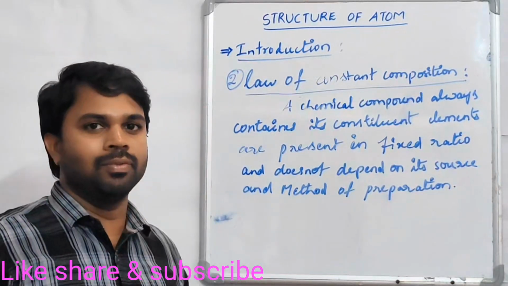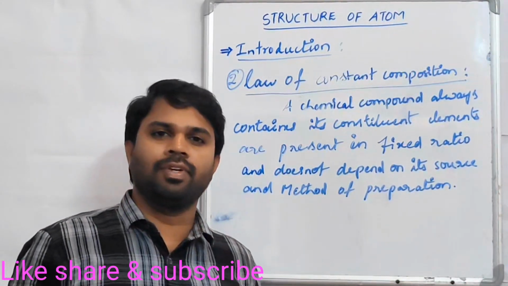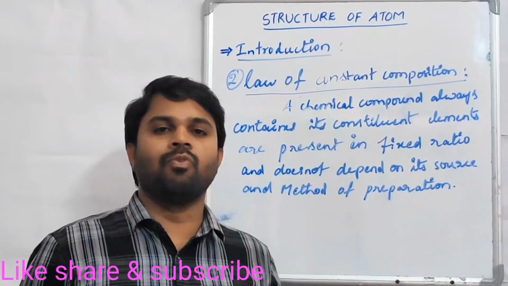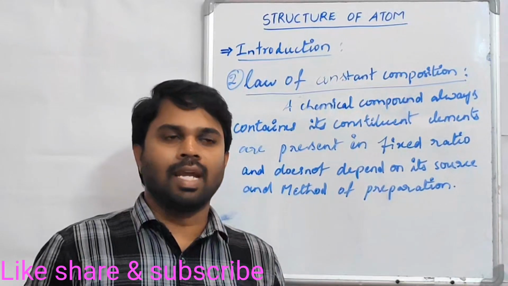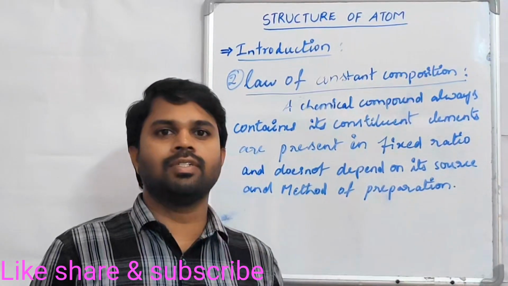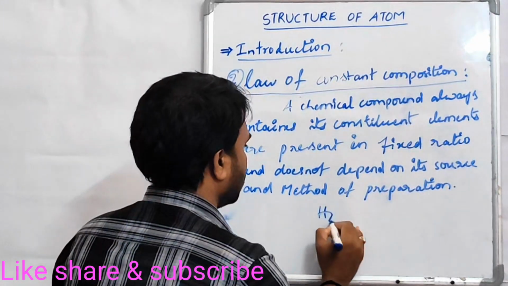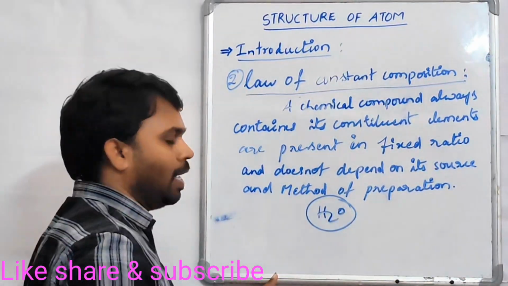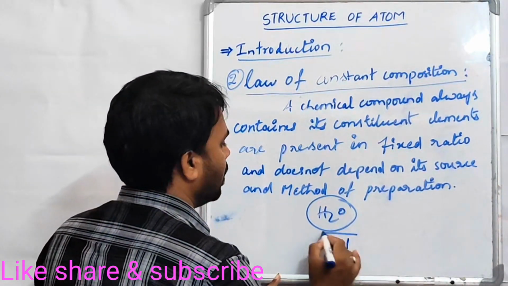Let's see one example. For example, I am collecting water from different sources, like from river, from water tank, from tap, from bore. I am indicating it with H2O. This formula is fixed, and in this, 2 hydrogen atoms are combined with 1 oxygen atom.